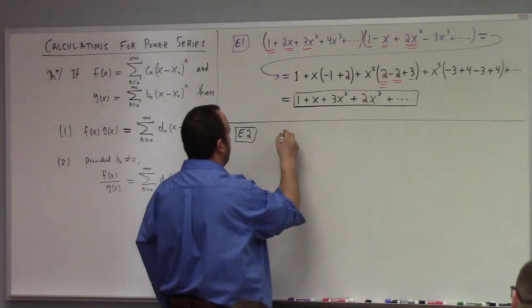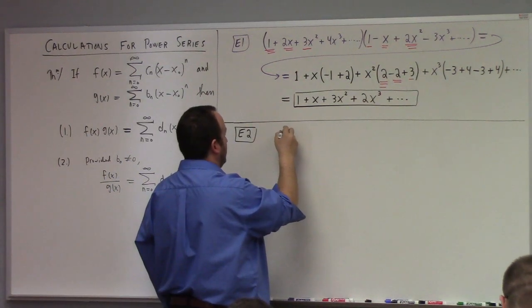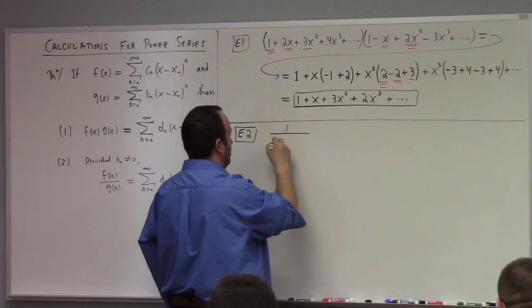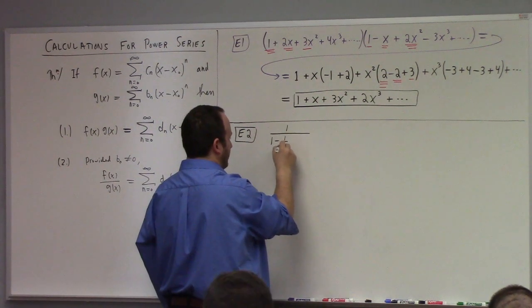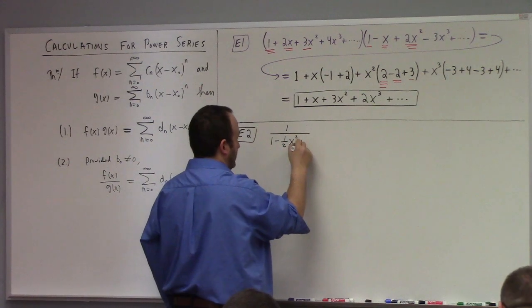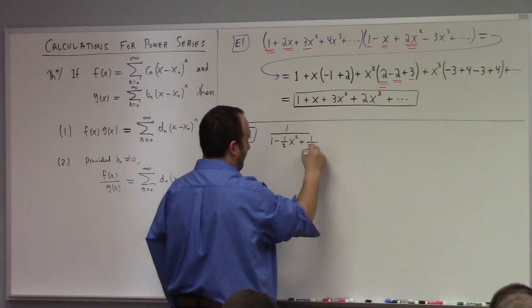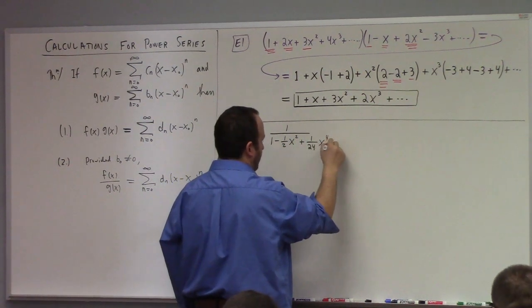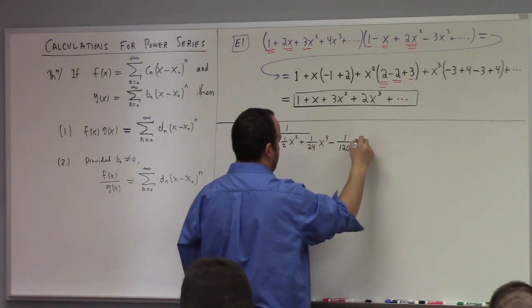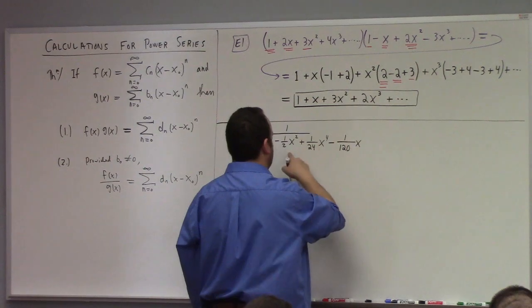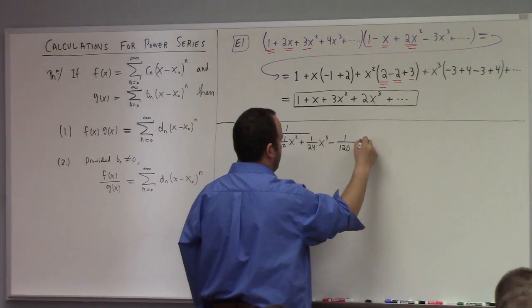So suppose I want to calculate 1 over 1 minus 1/2 x squared plus 1 over 24 x to the 4th minus 1 over 120 x to the 6th. Did I get that right? Yeah, x to the 6th.